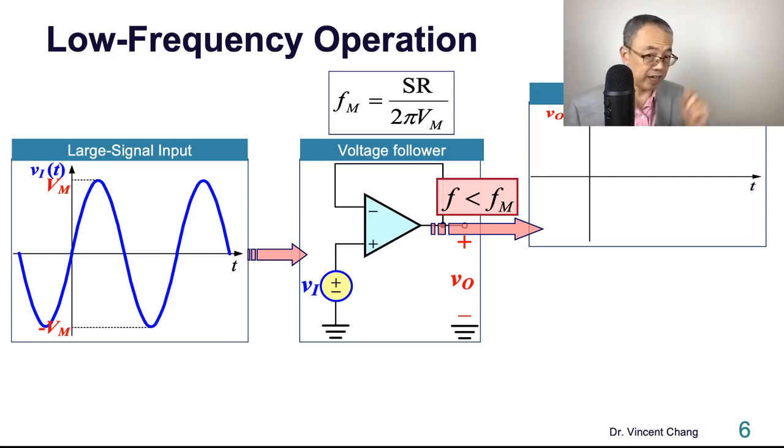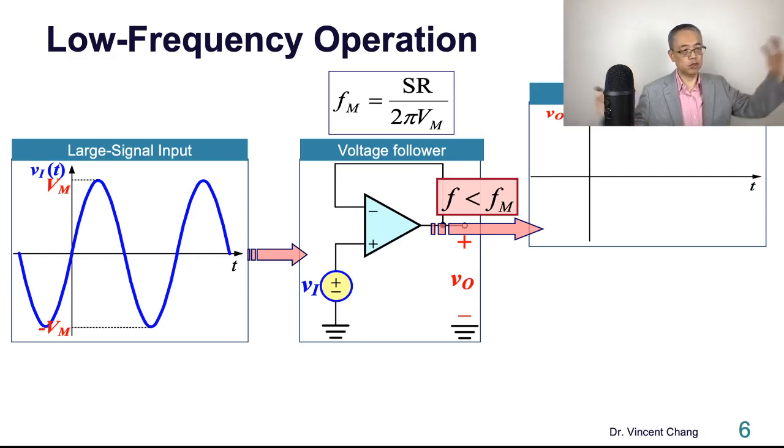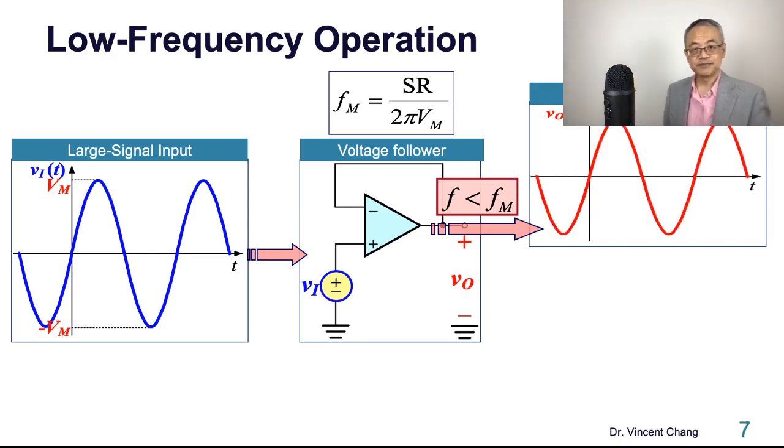If it's less than FM, what does that mean? No slew rate violation. It doesn't suffer from the slew rate limitation. So we can sync: you change, I change, right? We can dance like this. But if the frequency is higher, like this, you try to do this, but there's a limit with respect to time.